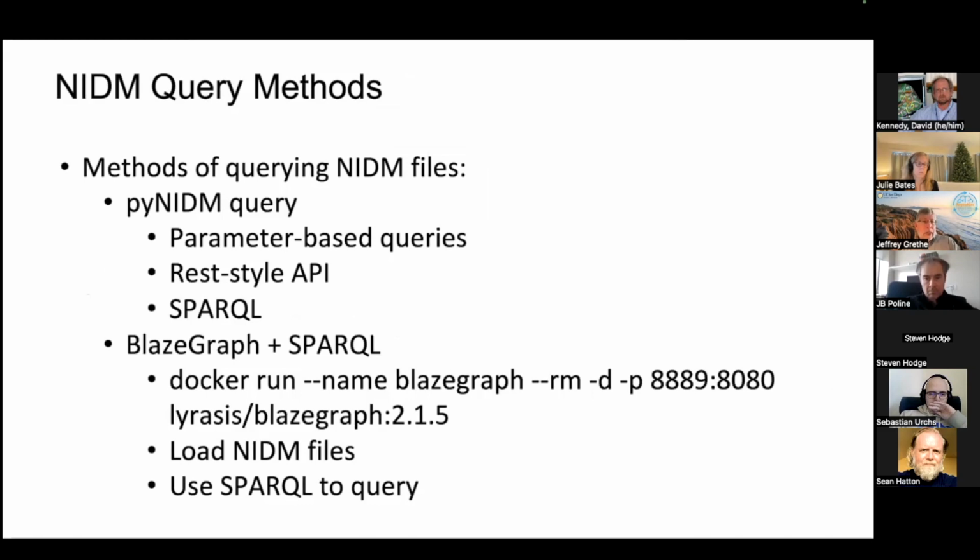Now, within NIDM, there are a number of ways to query data on your local ReproPond. You can use the PyNIDM query, which is parameter-based queries. PyNIDM can take parameter-based queries, convert those into standard SPARQL constructs, and send that query along. In addition to SPARQL queries that you can run through PyNIDM, you can also load data into a local store, something like BlazeGraph, where you are able to query that data.